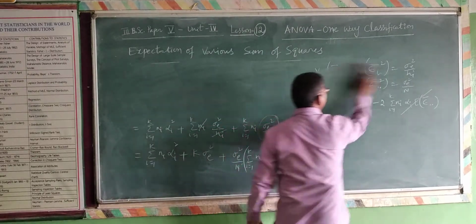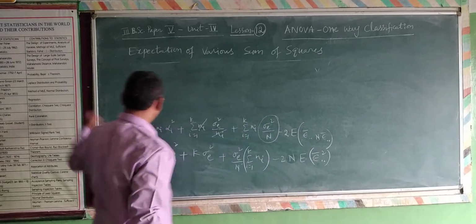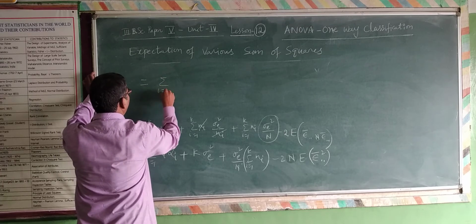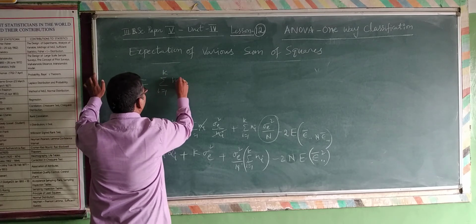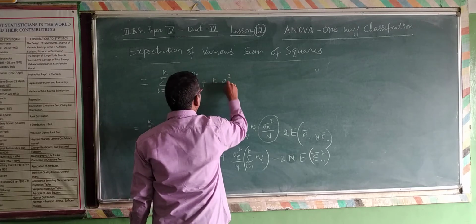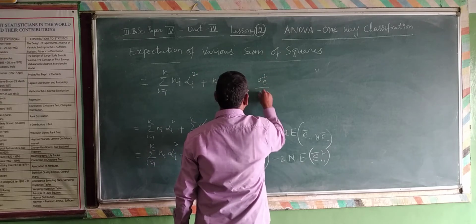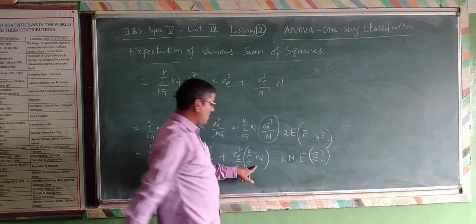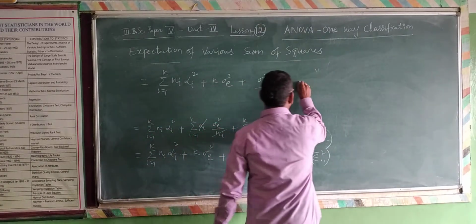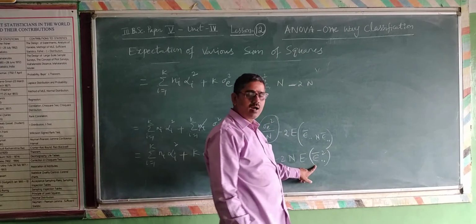So therefore, the expectation of the sum of squares due to the treatments is now equivalent to summation i equals 1 to k, Ni into alpha i square plus k into sigma square E plus sigma square E divided by capital N into the summation of Ni, i equals 1 to k, which is capital N, minus 2 into capital N into the expectation of epsilon bar dot dot square.